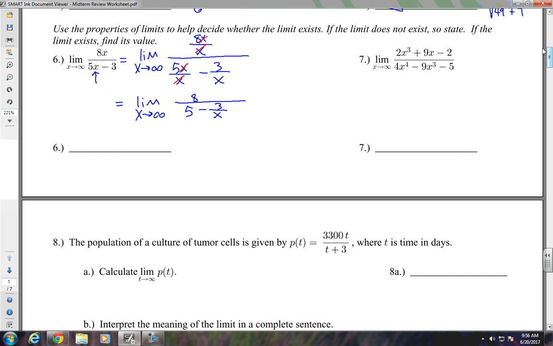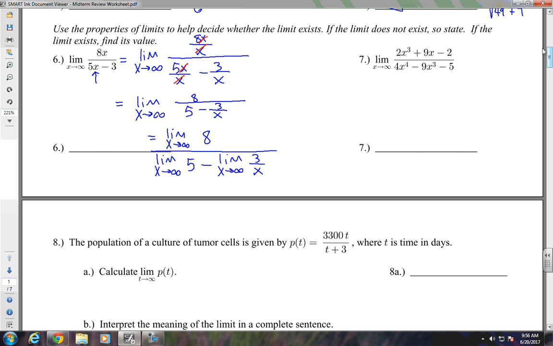Applying rules of limits, we can find the limit of each term individually. So we have the limit as x approaches infinity of the term in the top, divided by the limit as x approaches infinity of 5, minus the limit as x approaches infinity of 3 over x.